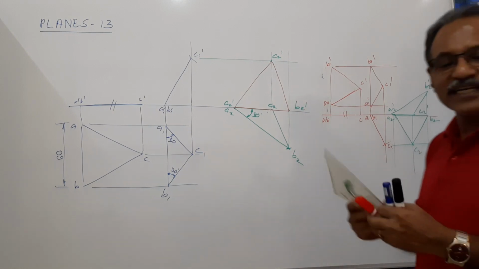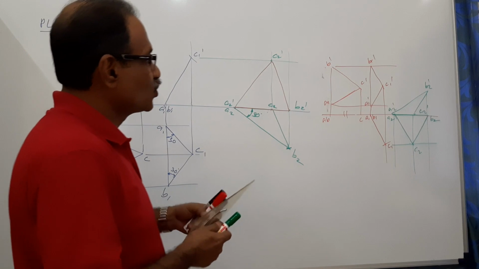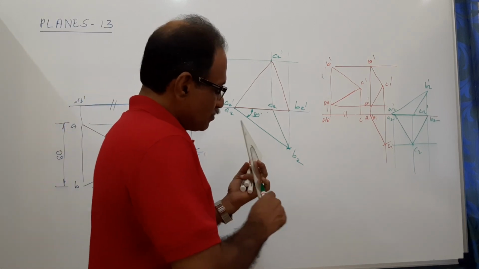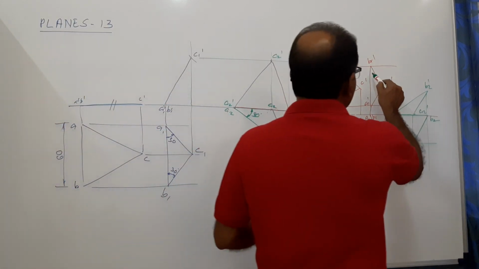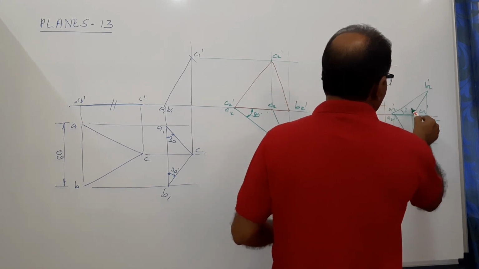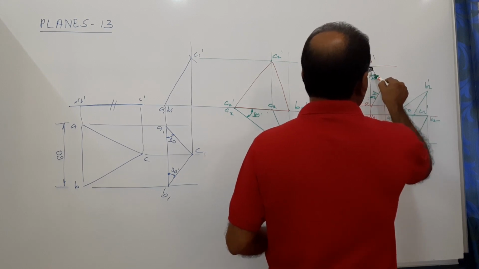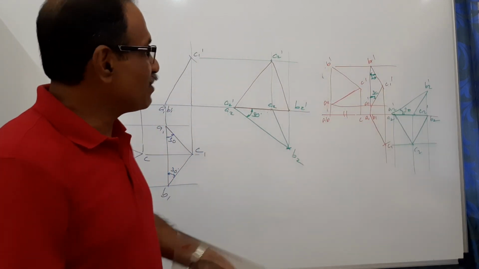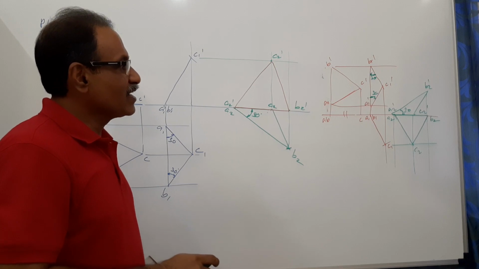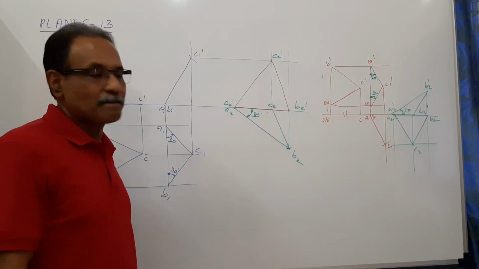Equilateral triangular lamina resting on VP on side AB, which is making 30 degrees to HP. 30, 30, 30. Equilateral triangular lamina resting on VP on side AB, which is making 30 degrees to HP and the side AC on VP.